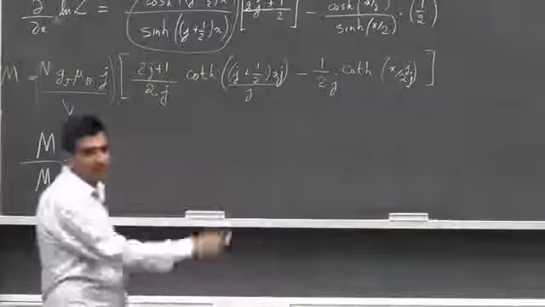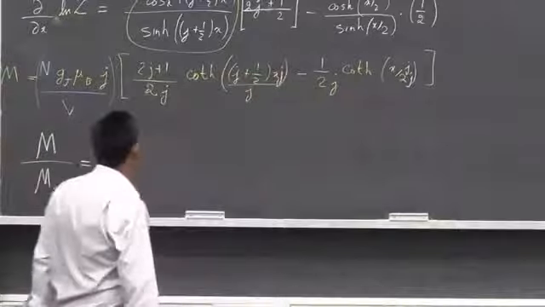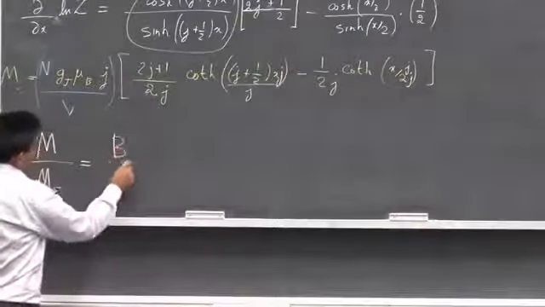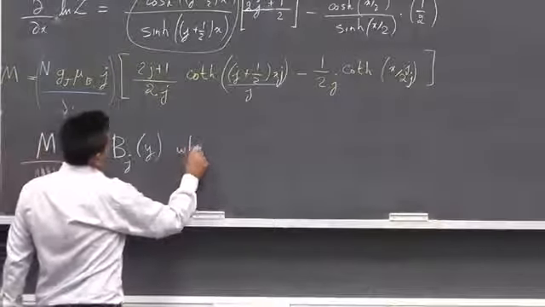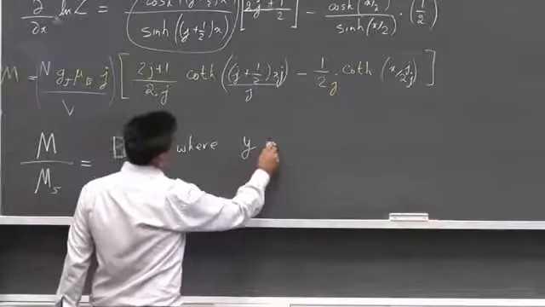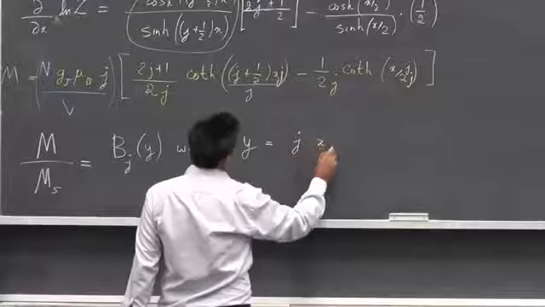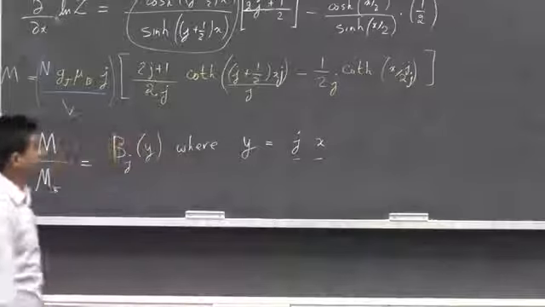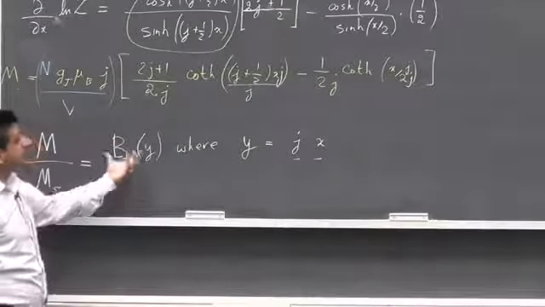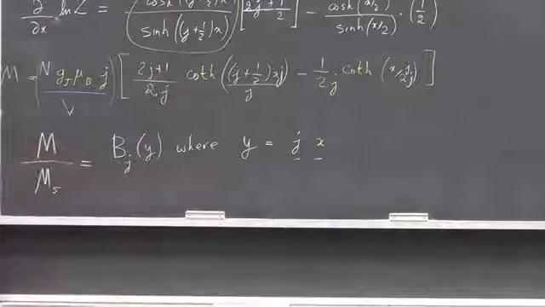So this function is called the Brillouin function, Bj, as a function of y, where y is equal to j times x. So the Brillouin function is defined in this fashion, and this magnetization is nothing but the Brillouin function. This is just a definition of the Brillouin function.